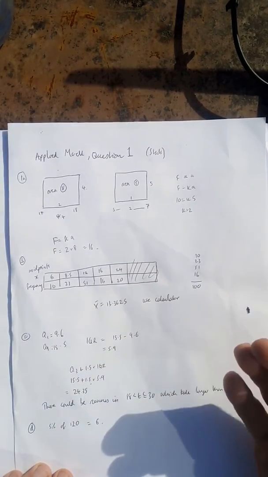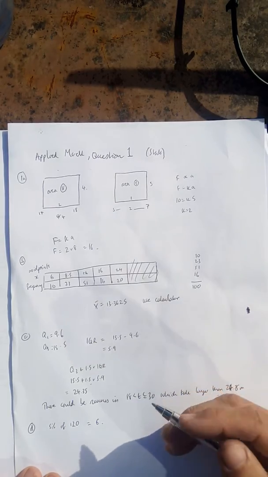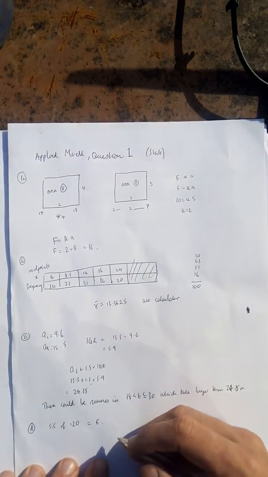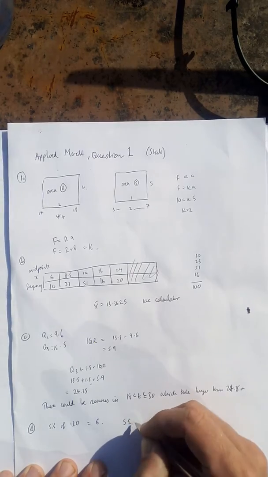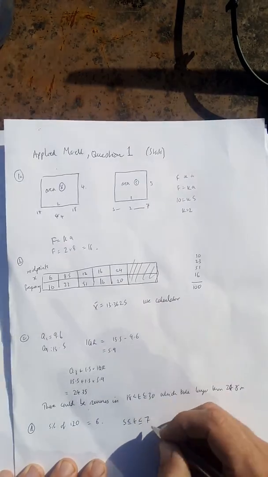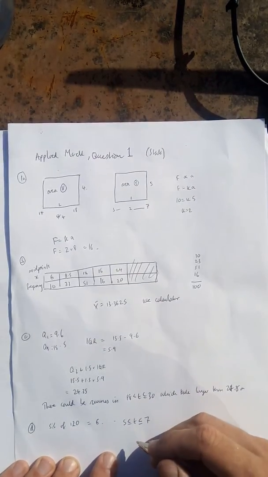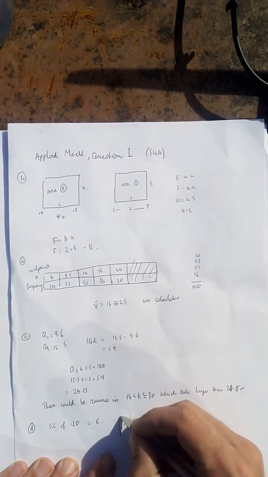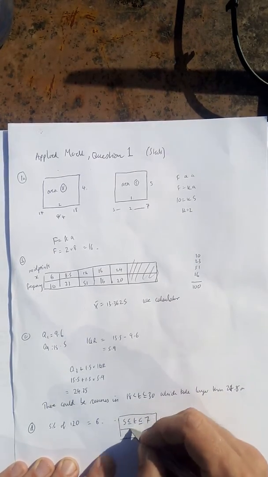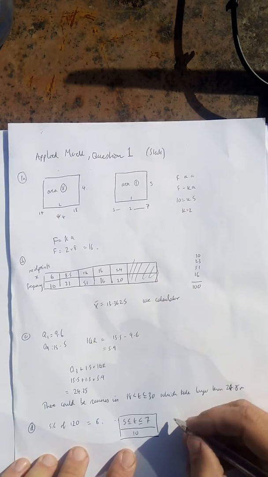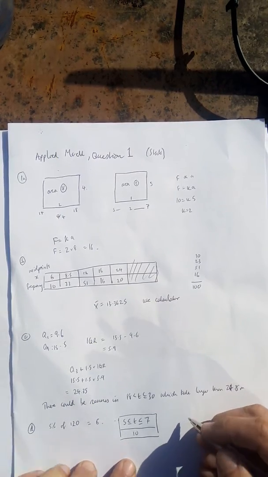So this is interpolation. In between 5 and 7, we've got the first 10 people, so we're in this group.